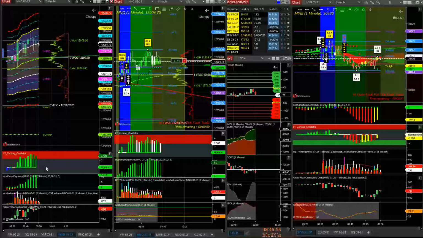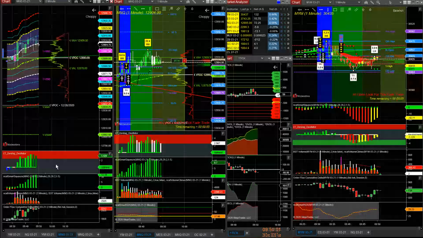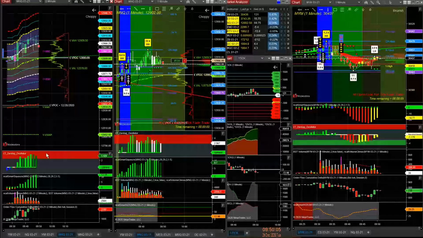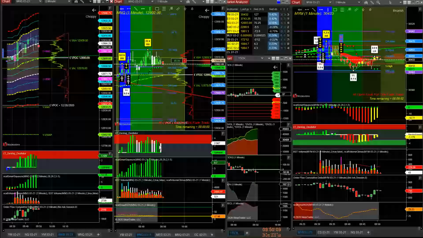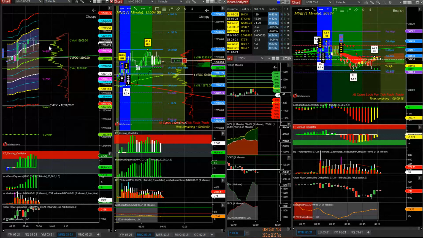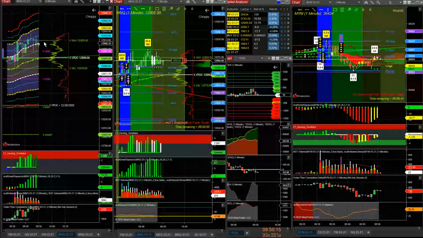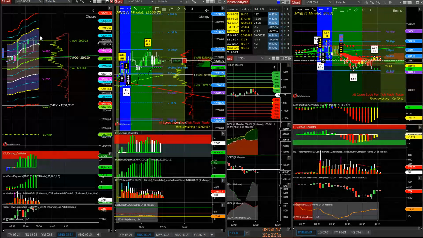Here's an oversold in an uptrend on a 1 minute chart. This guy here on a 2 minute chart, right? On the 1 minute chart, the micro is also oversold, right? Could easily do an E-mini here. He pops up back here and it's 10 o'clock.